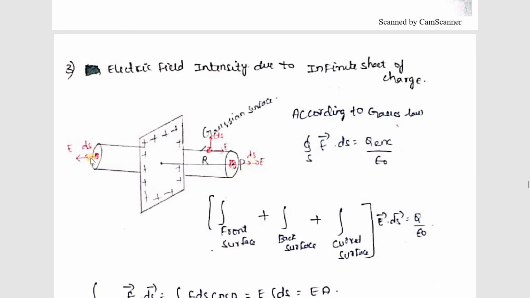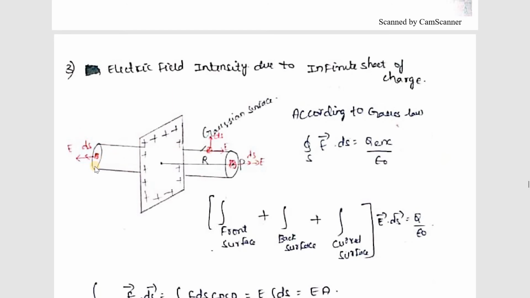This is the front surface, back surface and curved surface. According to Gauss law, the condition is surface integral of E dot ds is equal to Q enclosed by epsilon naught. So here we have front surface, back surface and curved surface.